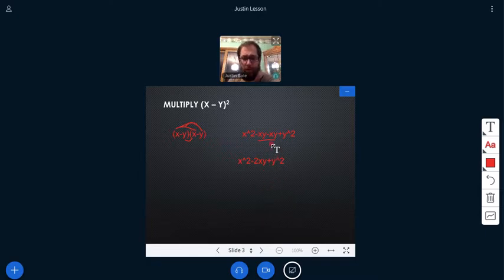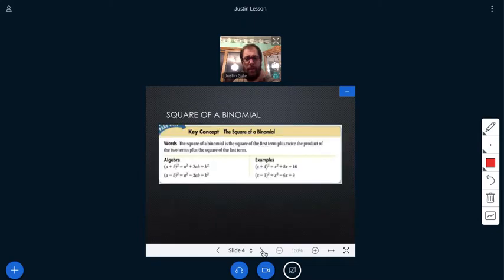So what did we notice when we square a binomial? In the middle we had 6a and 6a and negative xy and negative xy. So that's sort of a pattern that's repeating, right?